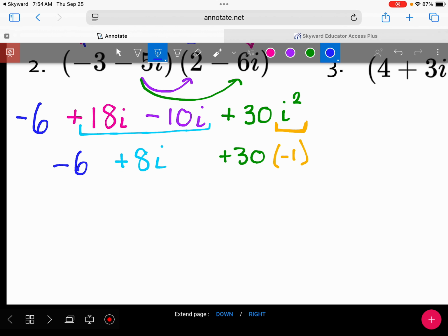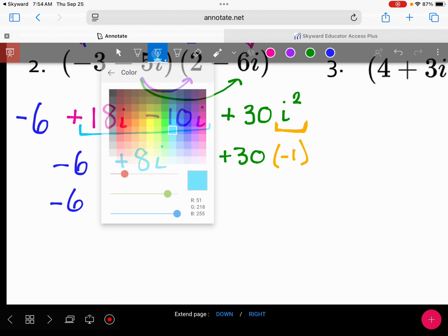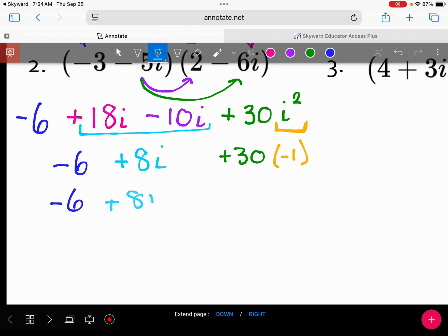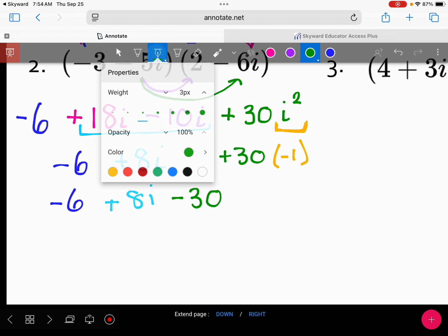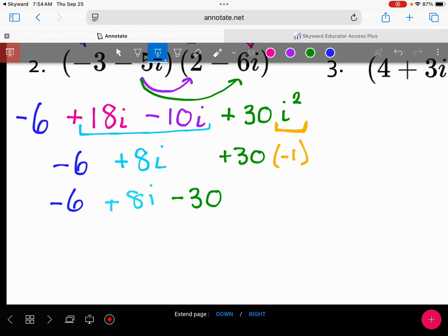We have our negative 6 plus 8i minus 30 once we do that multiplication. So finish combining our like terms. Negative 36 plus 8i.